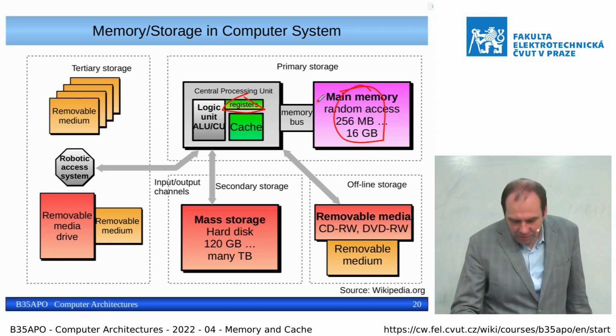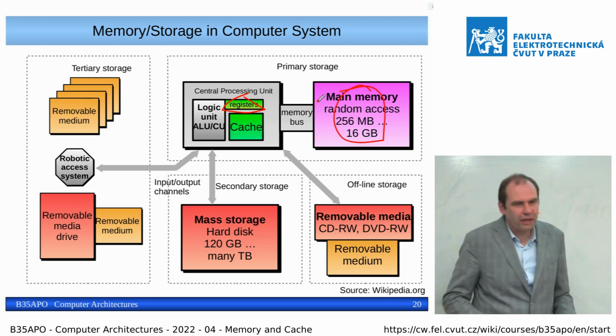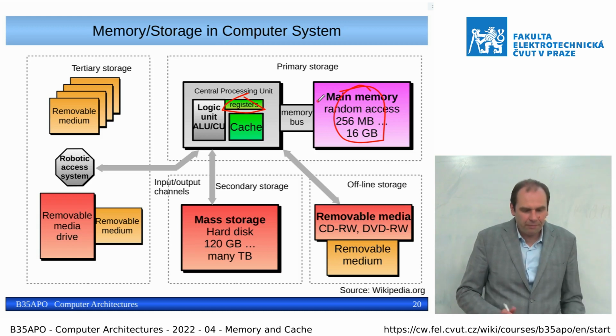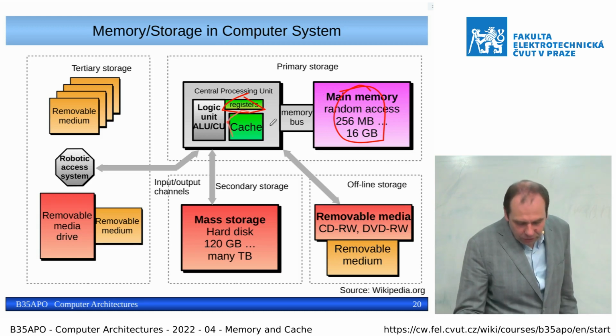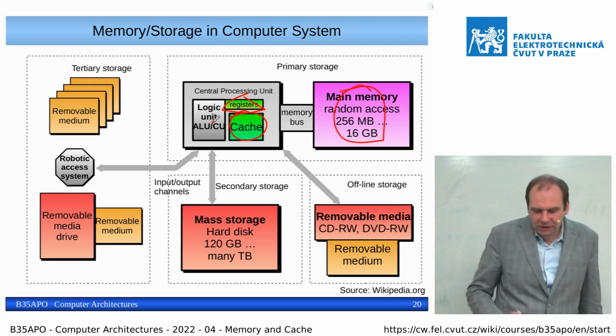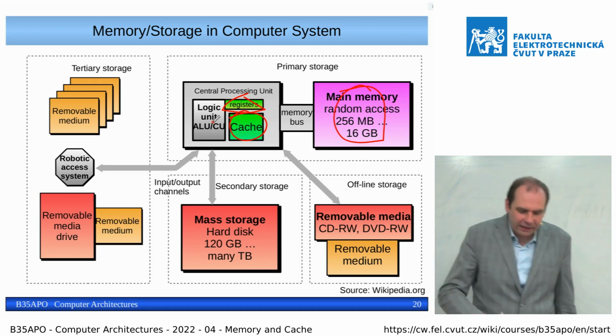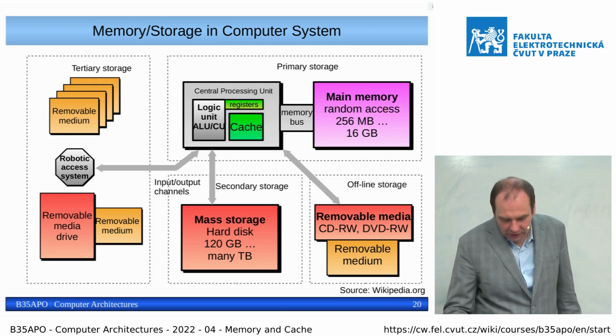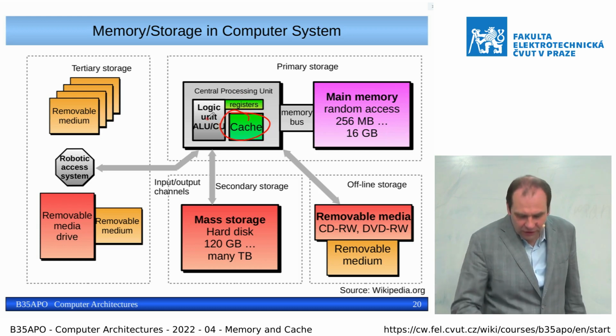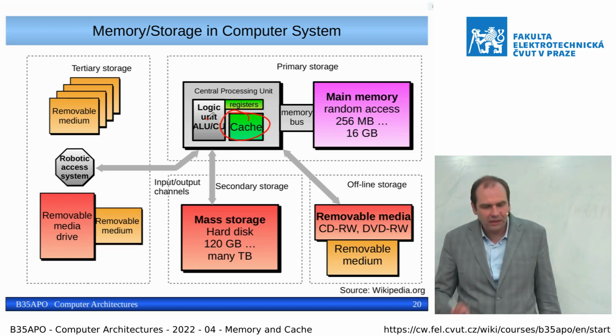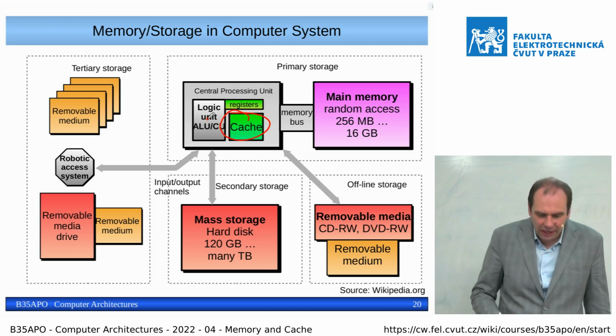What is in the main memory is again controlled by the operating system and your program. But because you do not want to take care of each access and check whether the data are in the cache or not, the cache is a so-called hidden memory, which is maintained by the hardware for you.